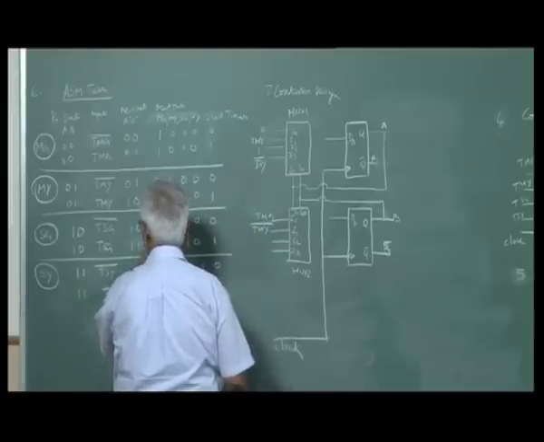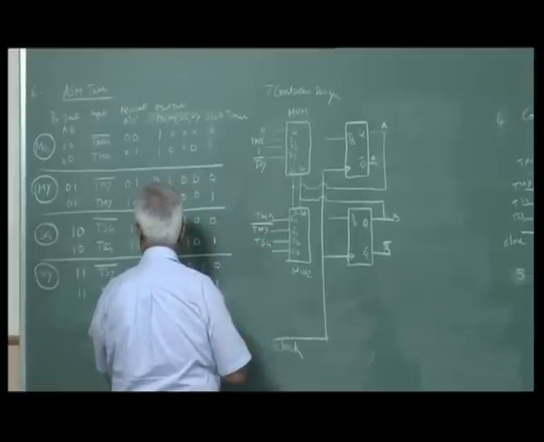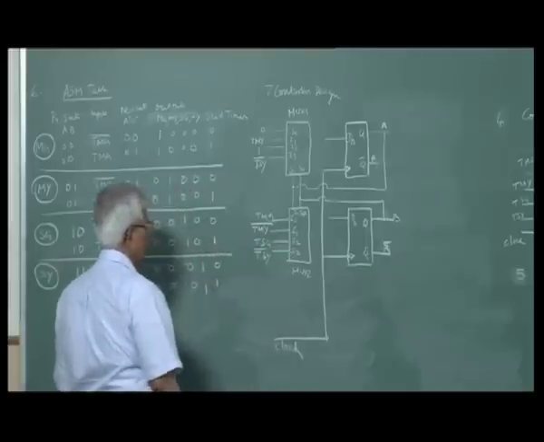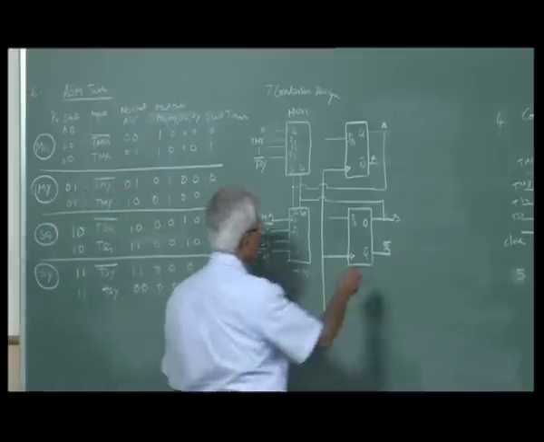This is 1 if TSG, and this is 1 if TSY bar. So you have the whole thing. The outputs can be drawn from here.